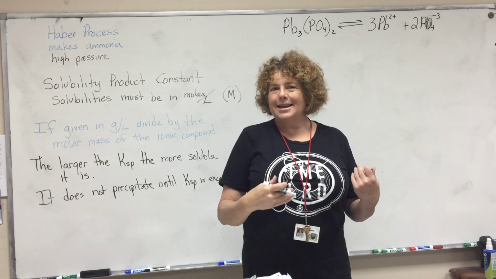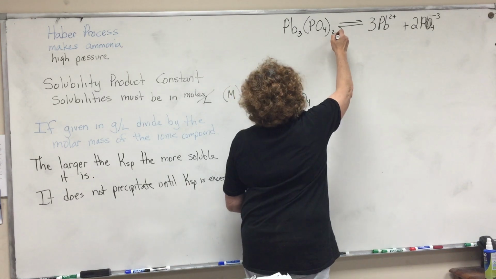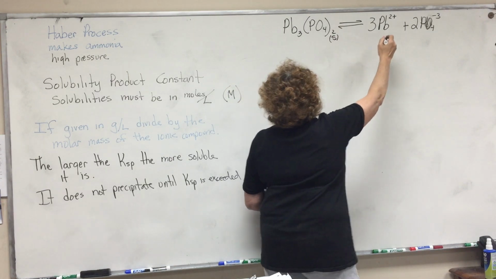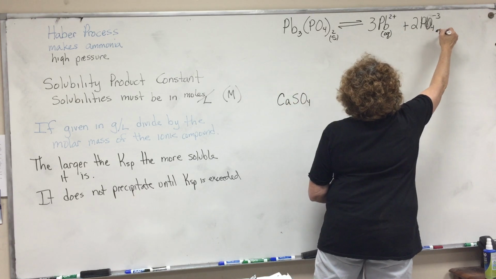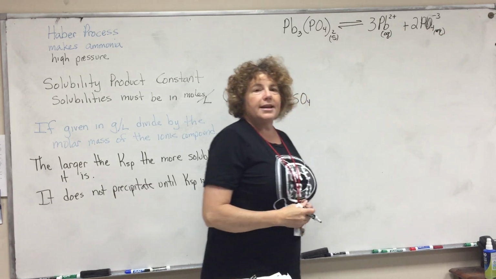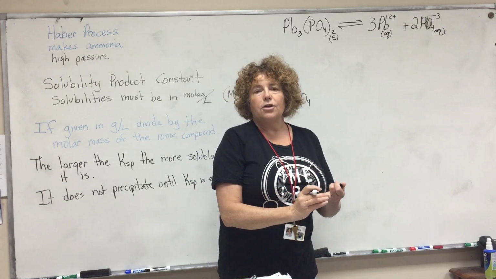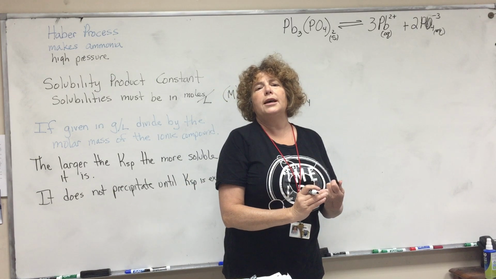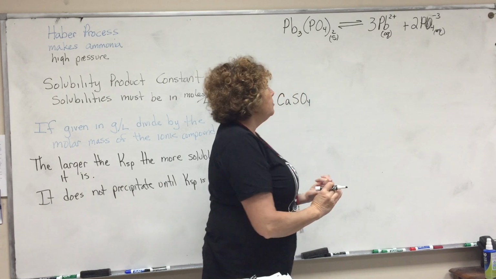And now you write this exactly the same way you did the other. Don't forget, this is a solid. These are in a solution, so they are called aqueous. Aqueous is when it's dissolved in a solution. Gas and aqueous are the only two things you ever put in your equilibrium expressions.